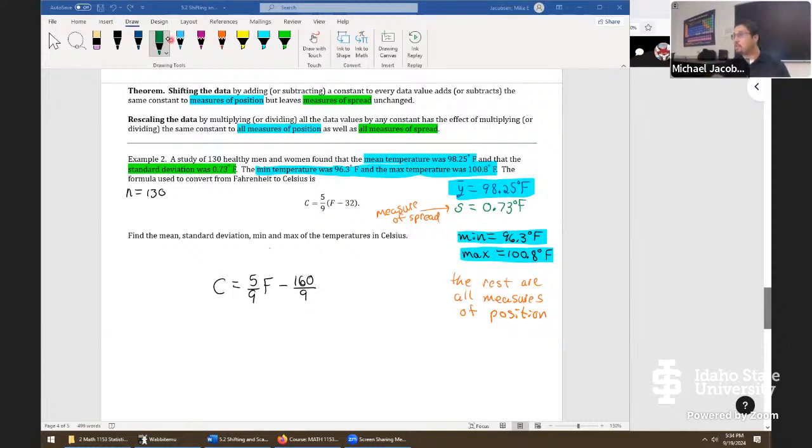Now looking at where it says shifting the data, shifting the data is this portion. We're subtracting 160 after doing the multiplication right here. When we say rescaling the data, we mean this right here. So this portion is rescaling.